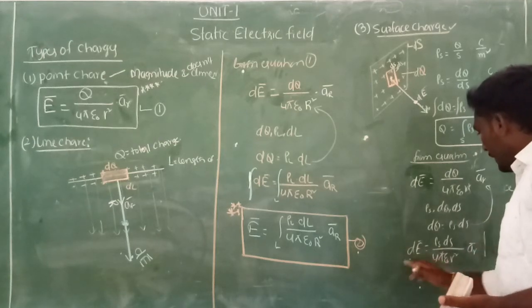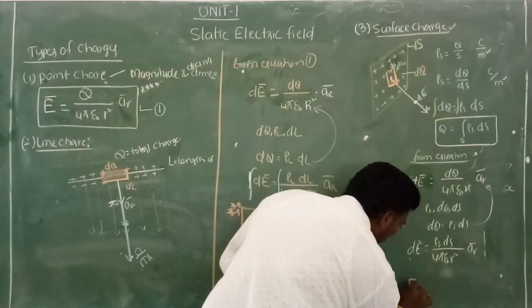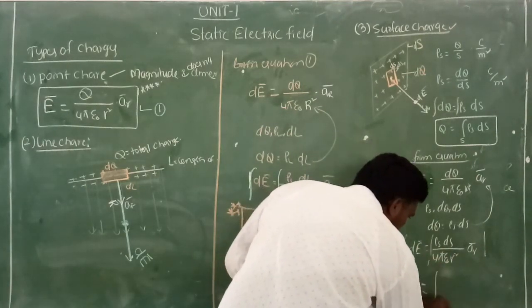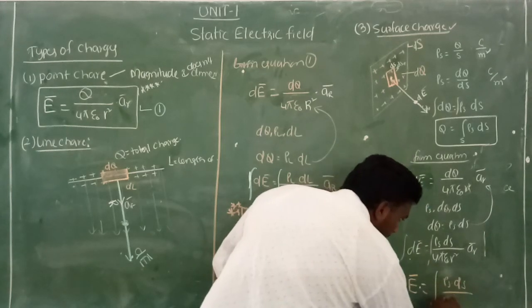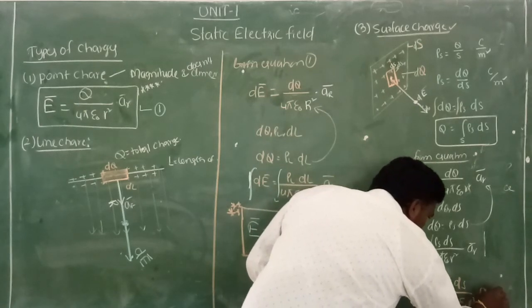By integrating this equation on both sides, after integration, E bar is equal to the surface integration of rho s ds by 4 pi epsilon naught r square into ar bar.